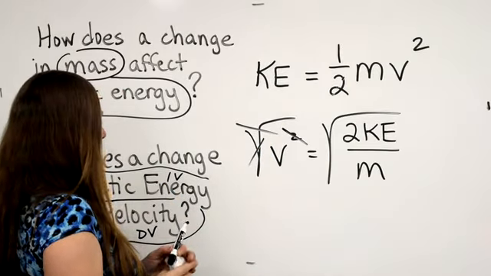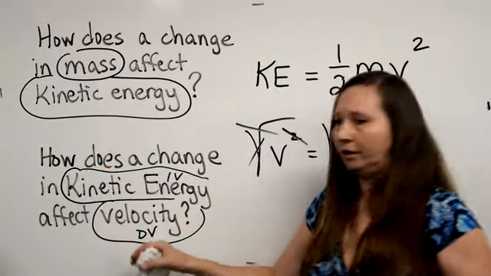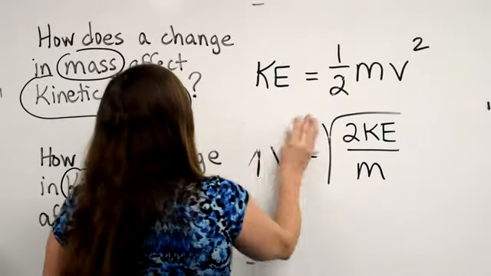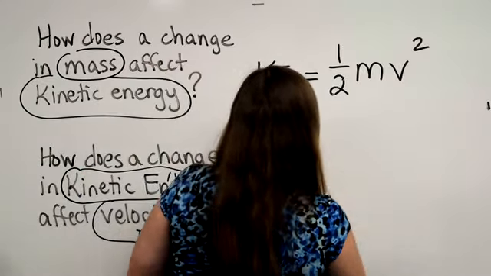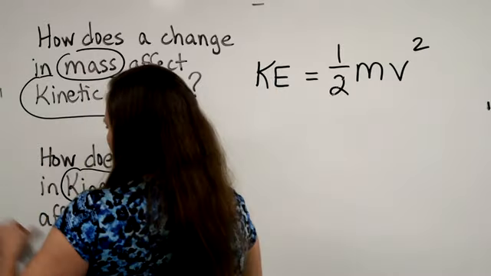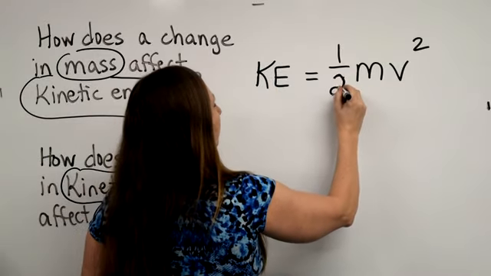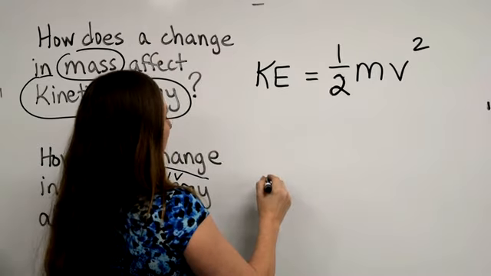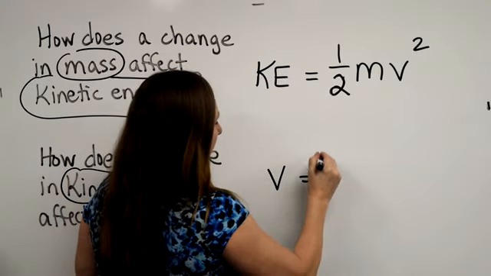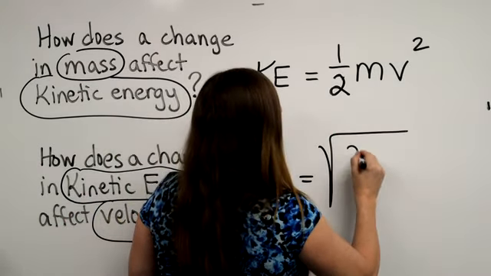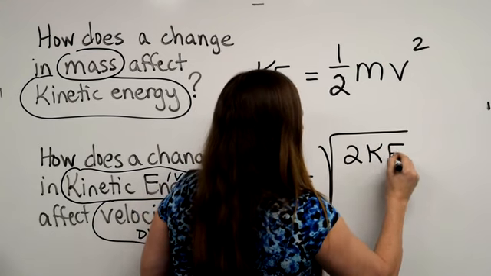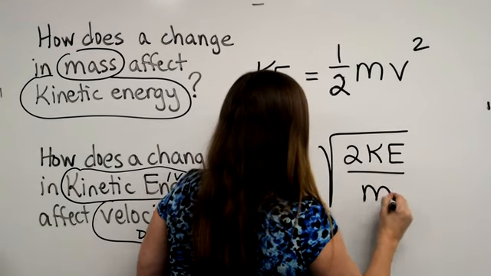And the equation that shows how kinetic energy affects velocity is based upon this equation, but we want it nice and neat mathematically, so v is going to be equal to the square root of 2KE over m.